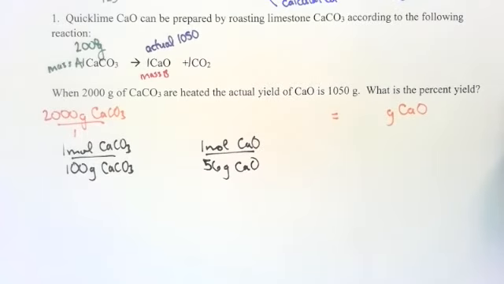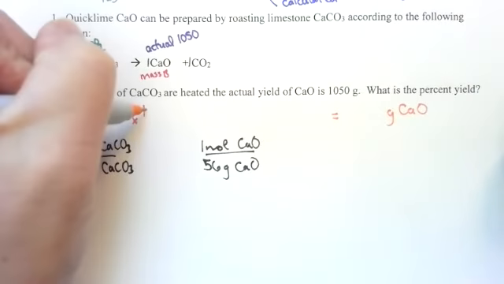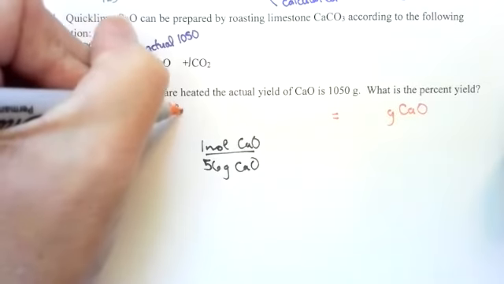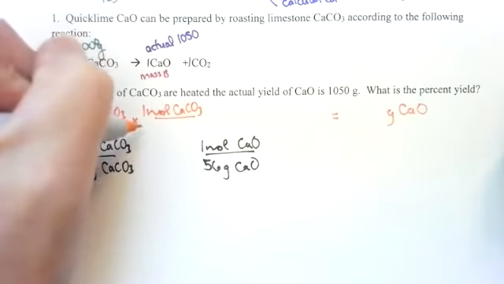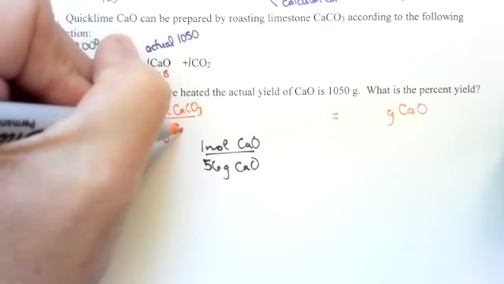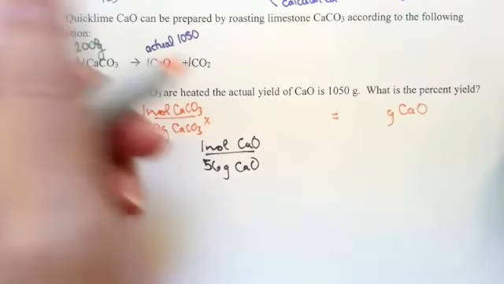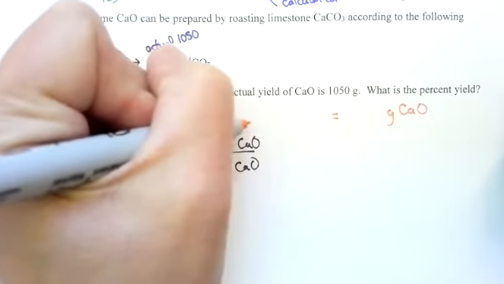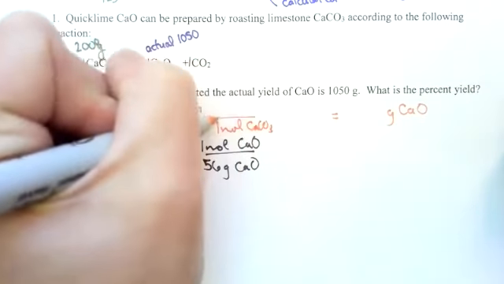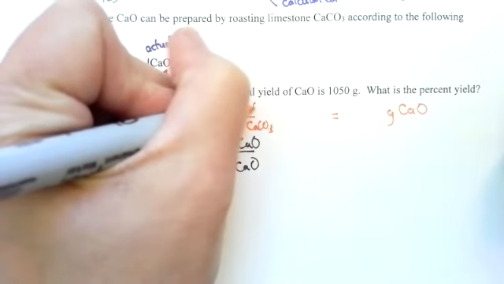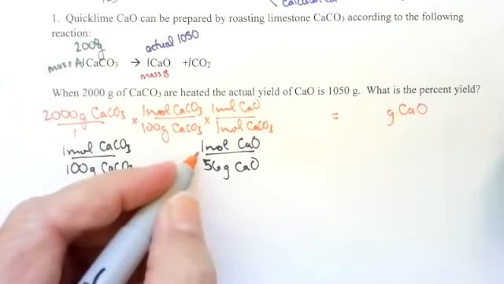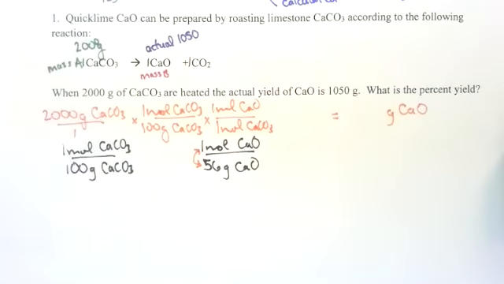Okay, let's insert those conversion factors. This is going to be able to go in as is. 1 mole CaCO3 over 100 grams CaCO3. I have a 1-to-1 mole ratio, and I'm going to still write that in because it keeps my units where they're supposed to be. 1 mole CaCO3 to 1 mole CaO. And then I'm going to put this in, but I'm going to flip it because I need grams on top.